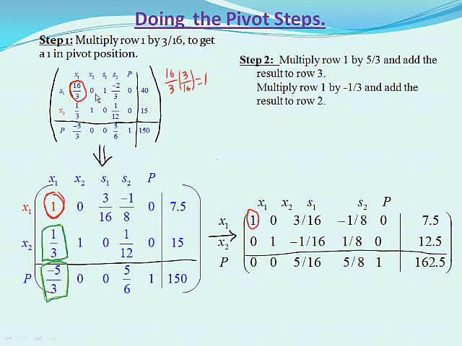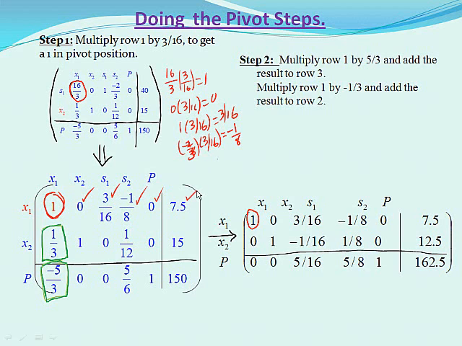Notice how the other entries are changing. 0 multiplied with 3 by 16 will become 0. 1 multiplied with 3 by 16 will be equal to 3 by 16. Keep on multiplying the remaining entries with 3 by 16, getting negative 1 by 8 and 0. And finally 40 multiplied with 3 by 16 will be 7.5. That is step 1 of the pivot operations.